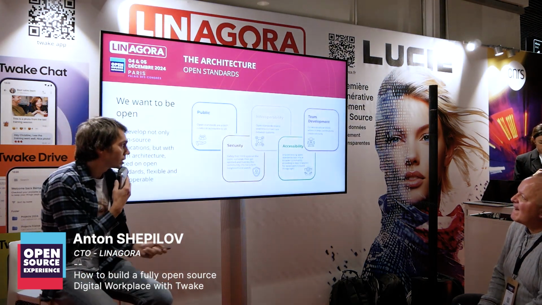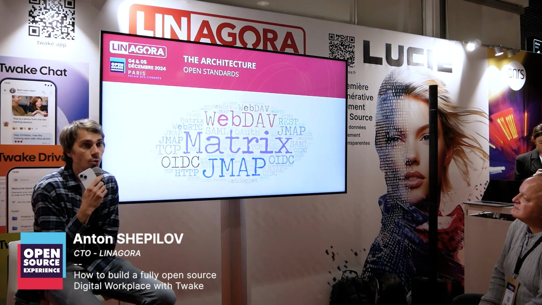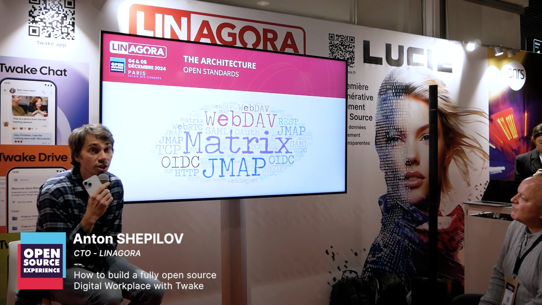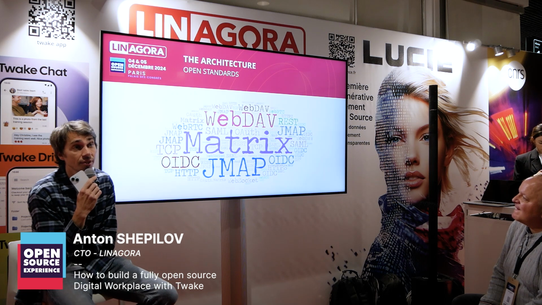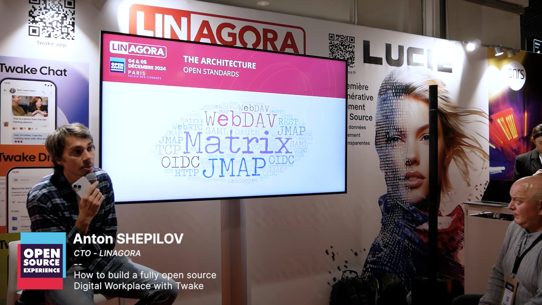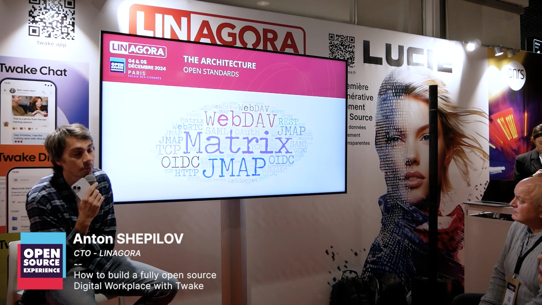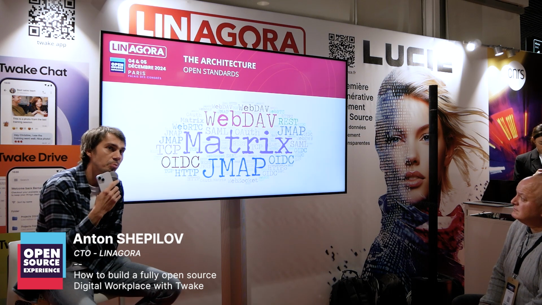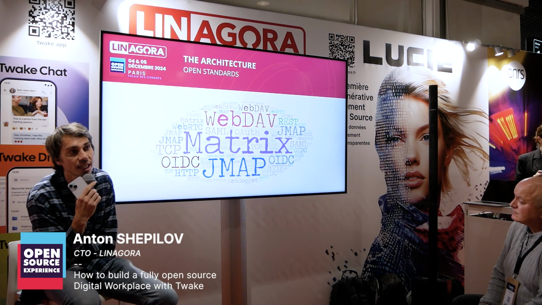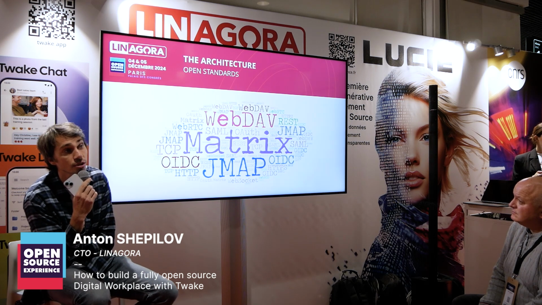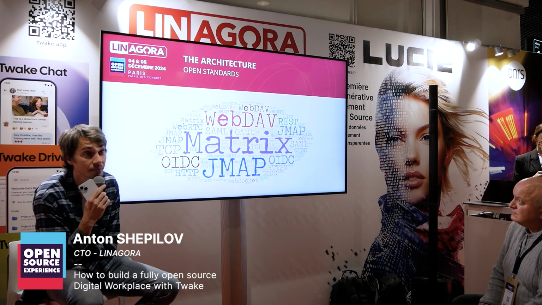So the next point, interoperability. All our applications are based on open products and open protocols. Most of them are literally based on them, like Twake Mail based on JMAP, and the biggest part of the Apache James product, the JMAP server, is also developed inside Linagora.